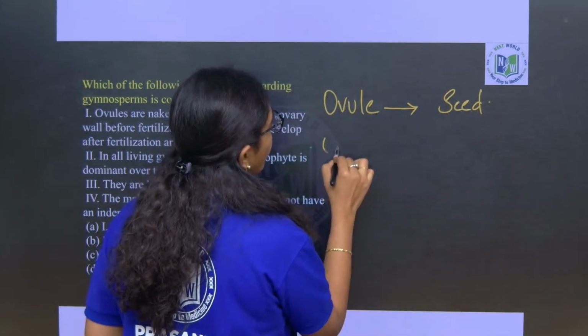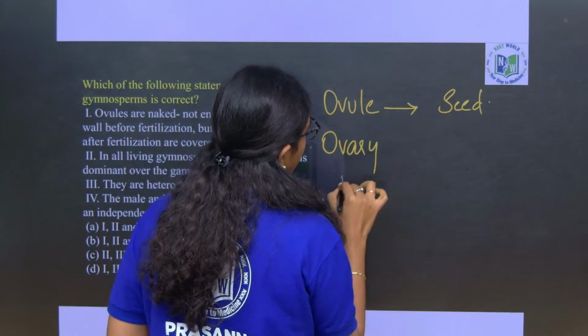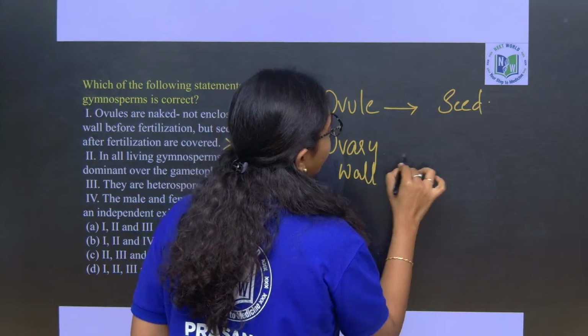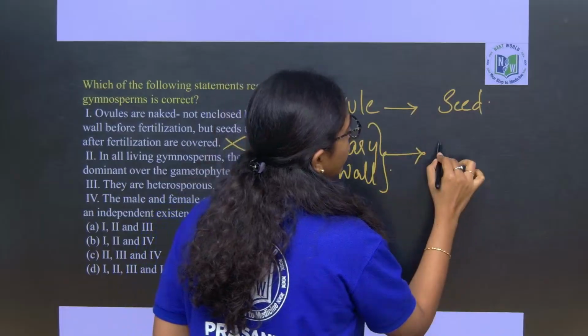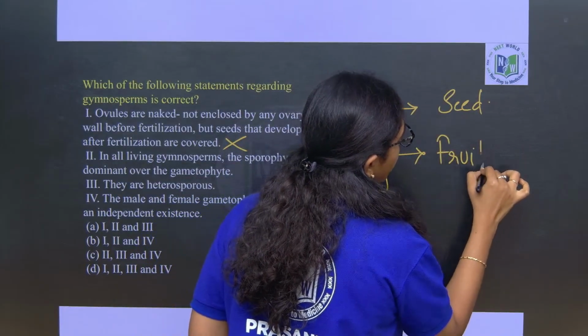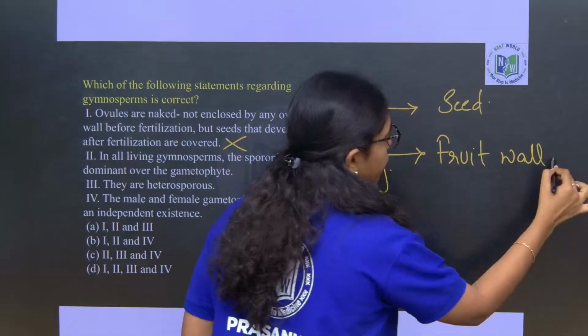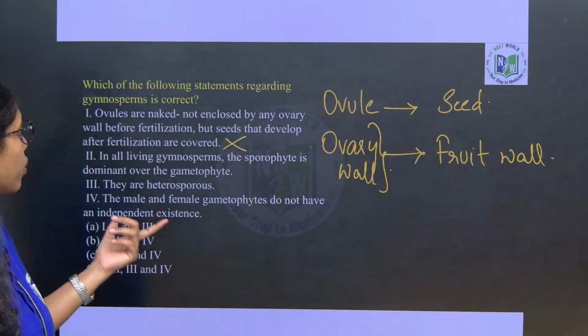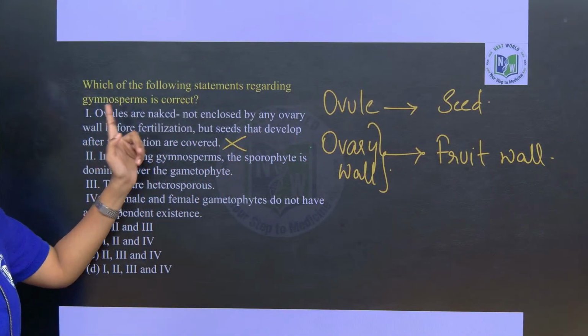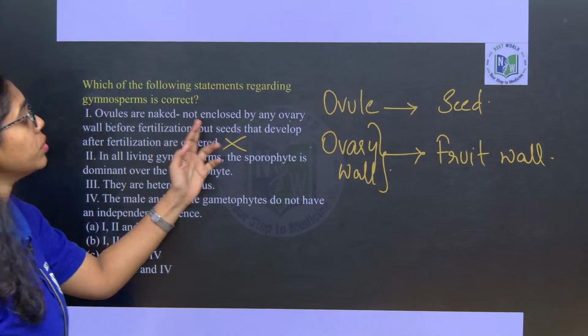And the ovary wall before fertilization, after fertilization is modified to fruit wall. When the ovule is not enclosed by ovary wall, how come the seed will have a seed coat?